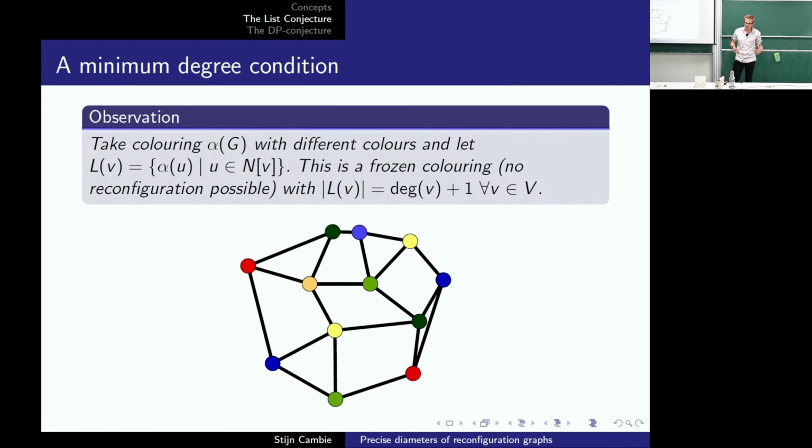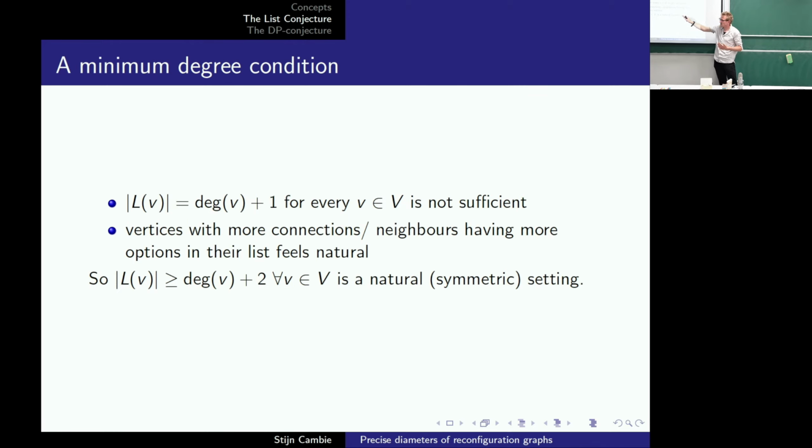So in this case the reconfiguration graph is not necessarily a bunch of isolated vertices, but it has at least one. It has multiple vertices, so it's disconnected. And in that case, we can speak about the diameter. So we want to have larger lists, and so we knew that degree of v plus 1 is not sufficient.